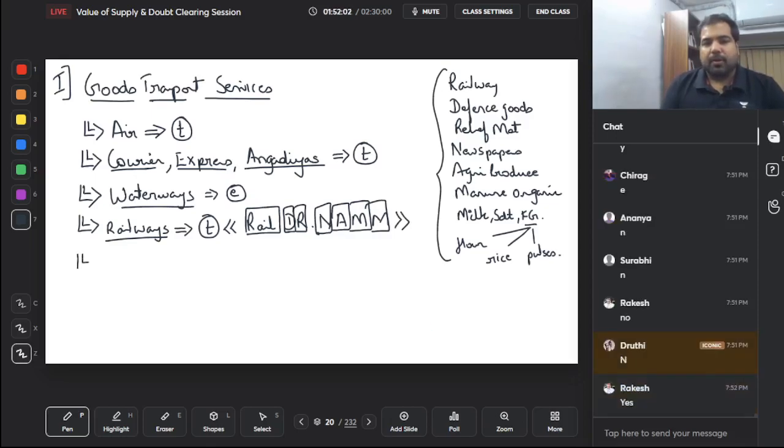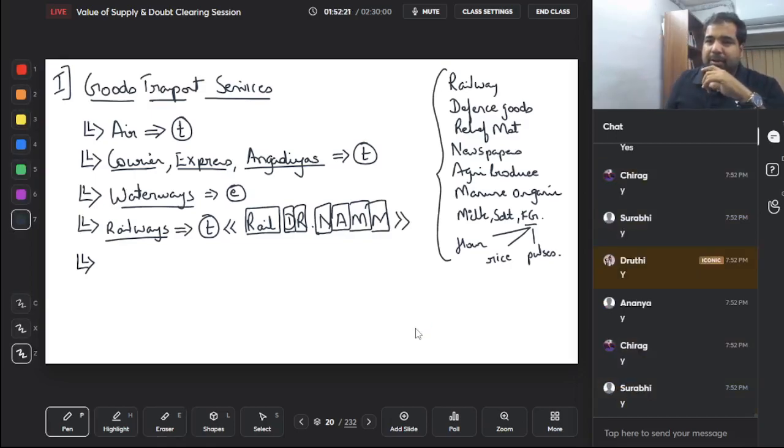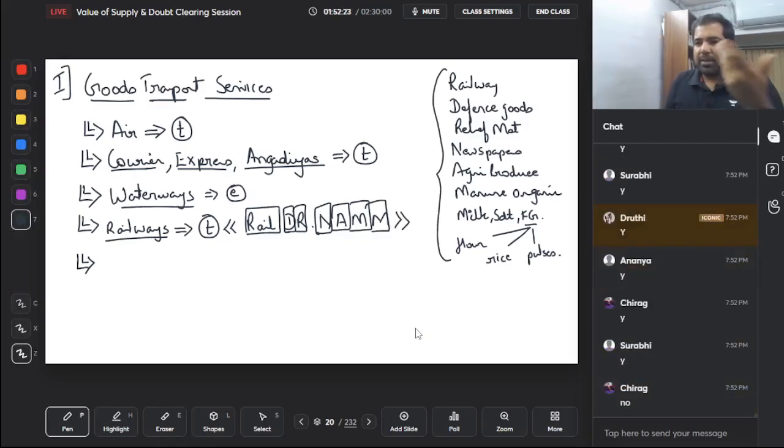Next, guys, I want to transport some furniture from one house to another house 3 kilometers away. Can I use a small tempo? Yes. Guys, is he transporting my goods by road only? Yes. But will he issue me a consignment note, etc.? No, guys, it's a very small distance.